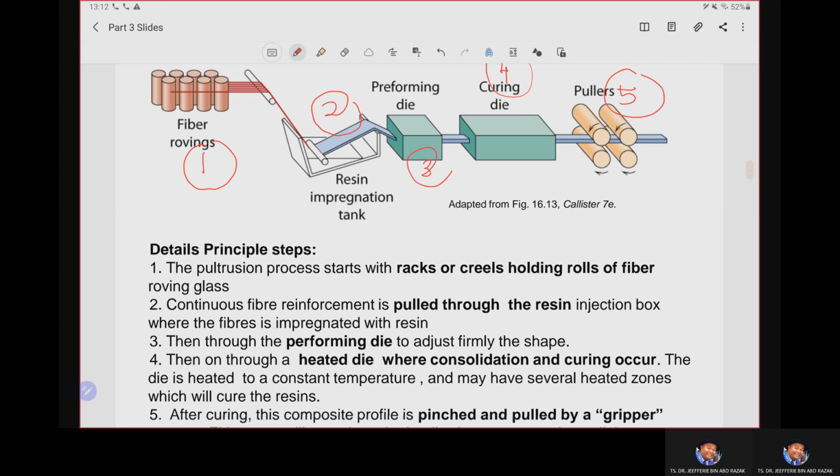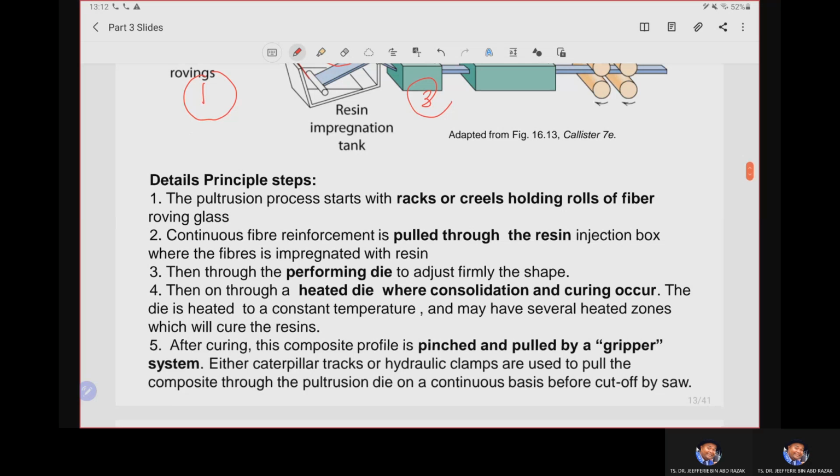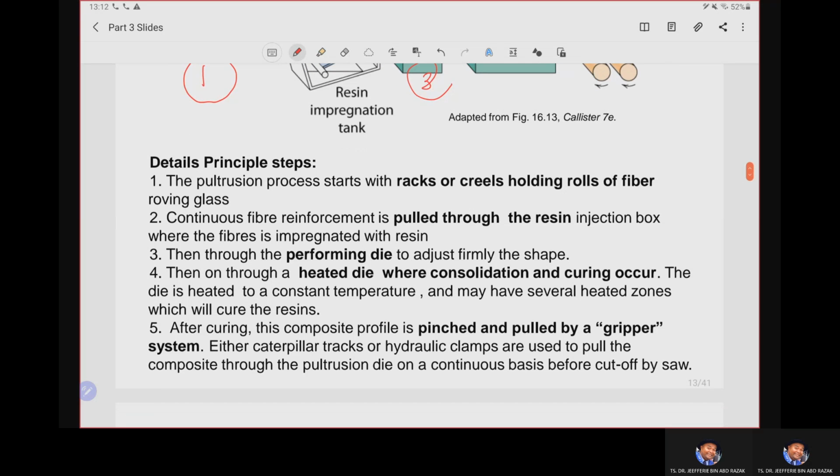To describe the pultrusion process, it starts with the rack or creel holding rolls of fiber roving glass. The continuous fiber is then pulled through the resin tank. Take this as a keyword: pull the fibers through into the resin tank, where the fibers are impregnated and wetted by the resin.